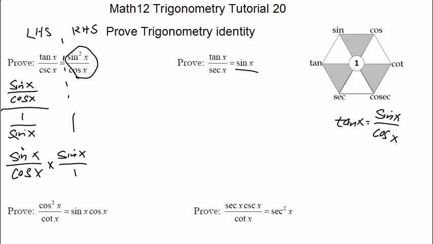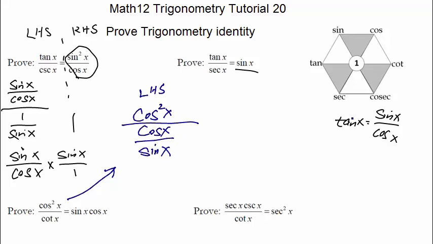Using a different color pen so we don't confuse ourselves, prove that this equals sine over cosine. Taking just the left-hand side, it equals cosine x squared, and we don't need to change anything, over cotangent. Cotangent equals cosine x over sine x. Why? Because cotangent and tangent are reciprocal. Tangent equals sine x over cosine x, so cotangent equals the flip of the tangent function, which is cosine over sine.